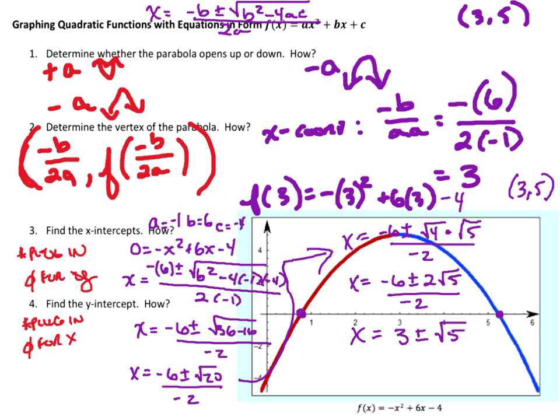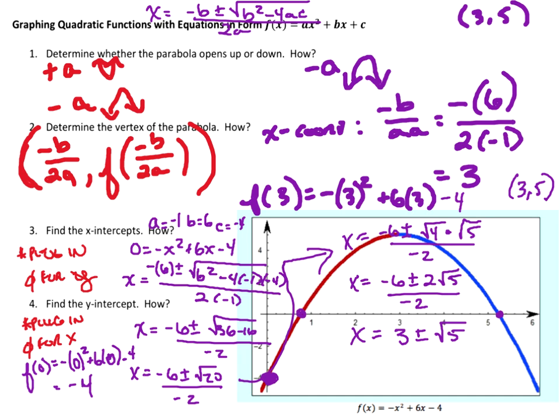Doing that is quite simple. f of 0 equals negative 0 squared plus 6 times 0, minus 4, which just gives us negative 4, which we already knew. It's sitting right there on the graph. So you're going to find the same thing.